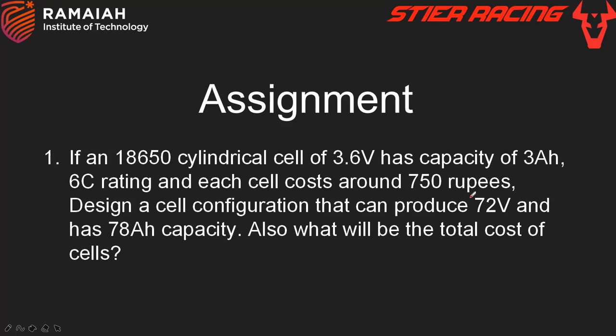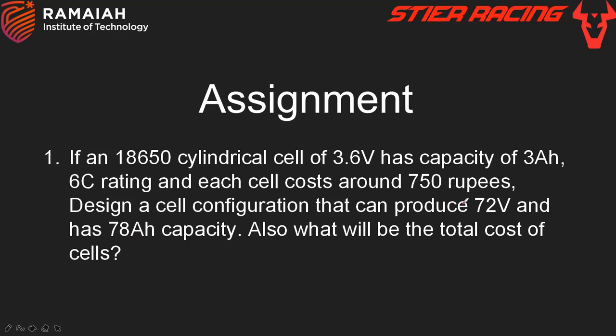So this is our battery, this is our cell. You need to design a configuration which can produce 72 volts and 78 ampere hour capacity. So you need to design in such a way that how many cells will be in parallel, how many cells will be in series, so that the final voltage will be 72 volts and the final ampere hour will be 78 ampere hour.